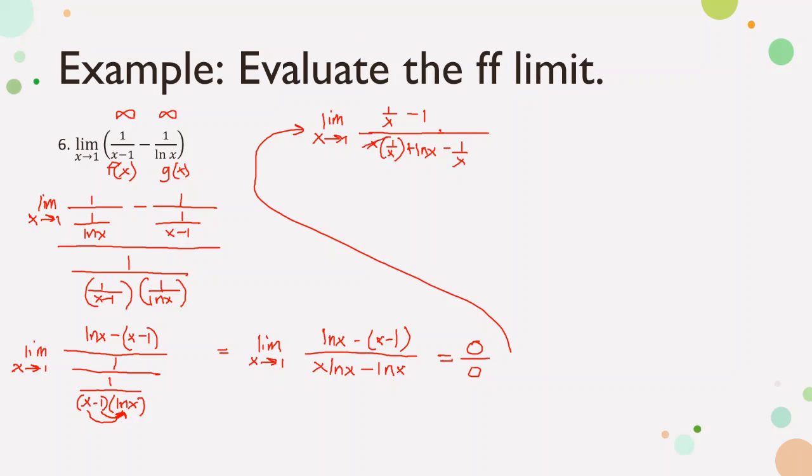Now cancel this, cancel this. So what we have left is 1 over x minus 1 all over 1 plus ln x minus 1 over x.